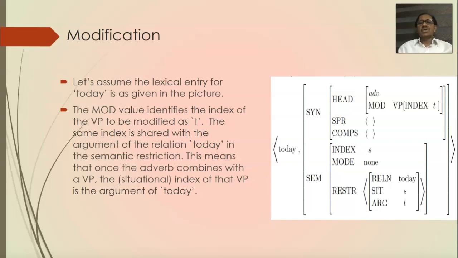Let's now look at modification. We have seen an adjective modifying a noun or an adverb modifying a verb. Let's assume an adverb like today, whose lexical entry is given as in the picture. What does this picture tell us?